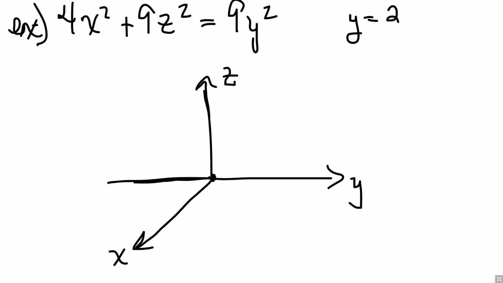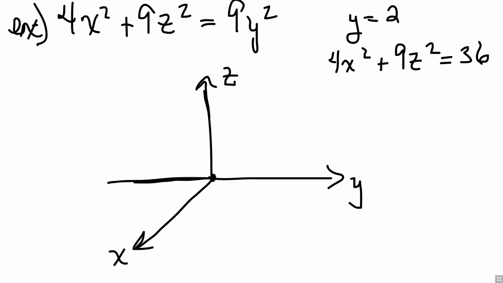Let's say y is 2. I'm just trying to create something nice here so that we don't have crazy stuff going on. So if y is 2, we're going to have that 4x squared plus 9z squared is equal to 36.